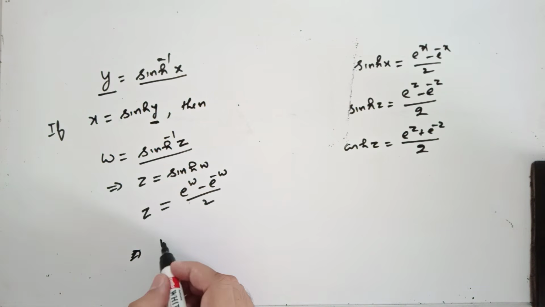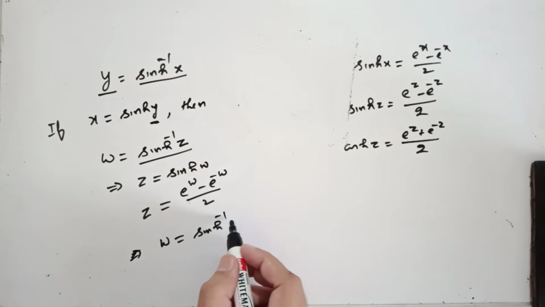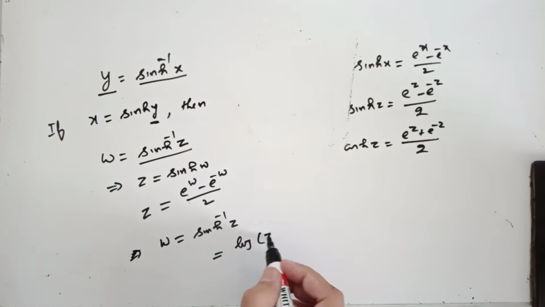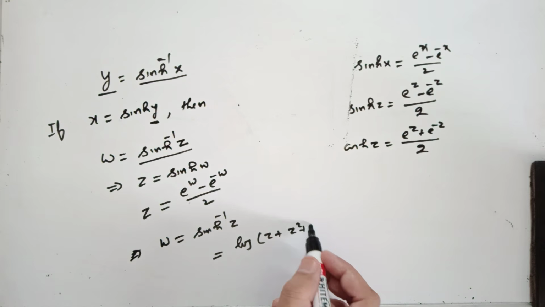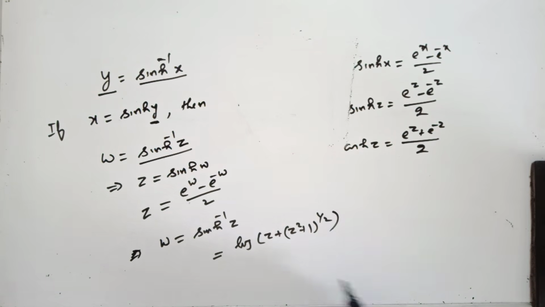From that you can simplify w in terms of a logarithmic function. What is that logarithmic function? Log of z plus (z square plus 1) whole power 1 over 2. Because you already know how to find the logarithm of a complex number, using this formula you can get values of sine hyperbolic inverse z.